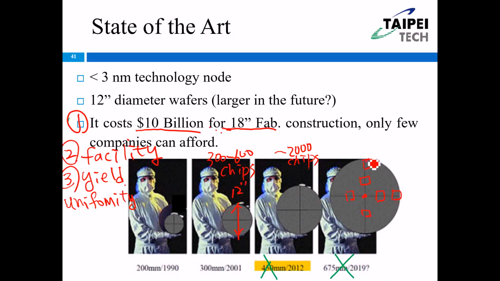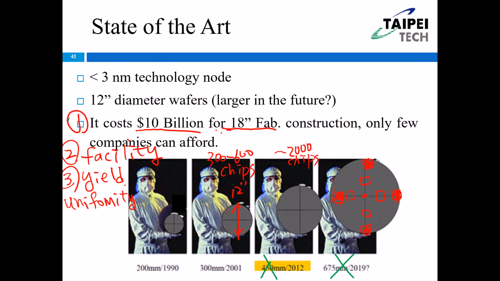If the chip is around the edge, the performance will be a little bit worse, maybe 90% of the ion current compared to the chip here or here.